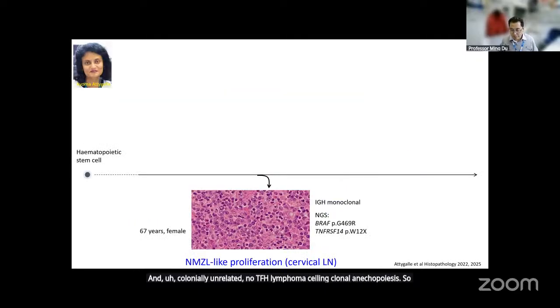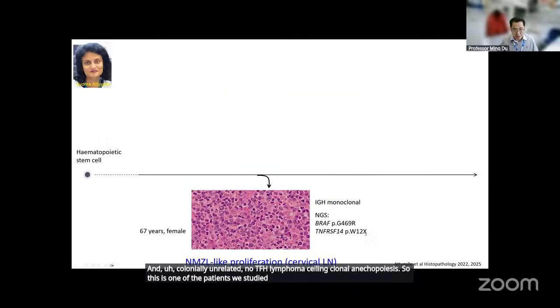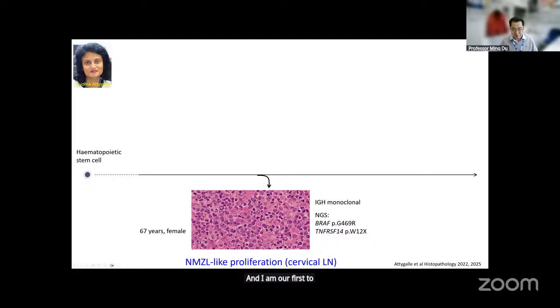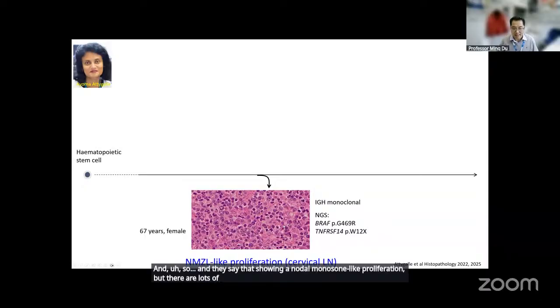This is one of the patients we studied. This patient is a 67-year-old female who first received a cervical lymph node biopsy, showing a nodal monocytoid-like proliferation, but with lots of T cells that triggered next generation sequencing.